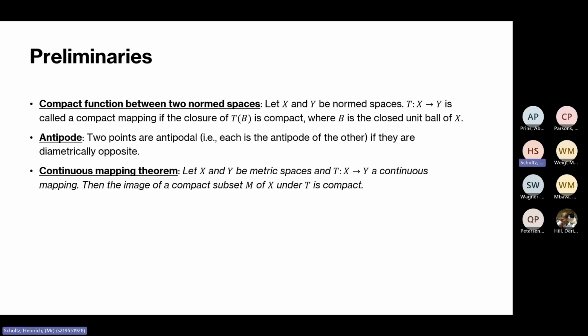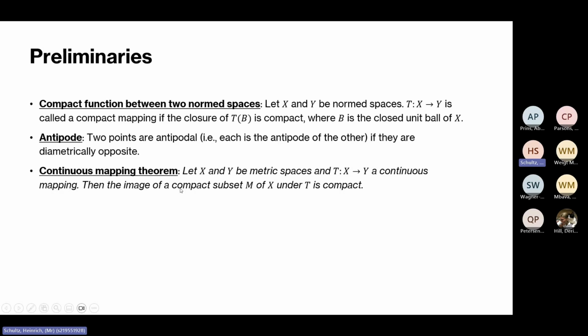And then the last couple of preliminaries. First, a compact mapping between two normed spaces. If we let X and Y be normed spaces, then T mapping X to Y is called a compact mapping if the closure of T(B) is compact, where B is the closed unit ball of X. Then two points are antipodal, i.e. each is the antipode of the other, if they are diametrically opposite to one another.